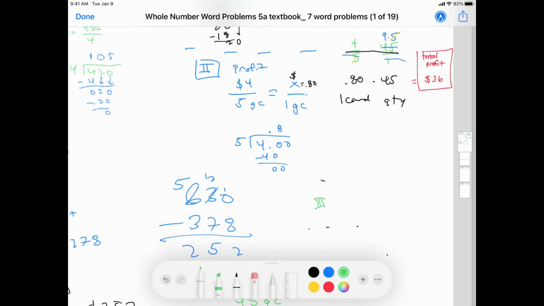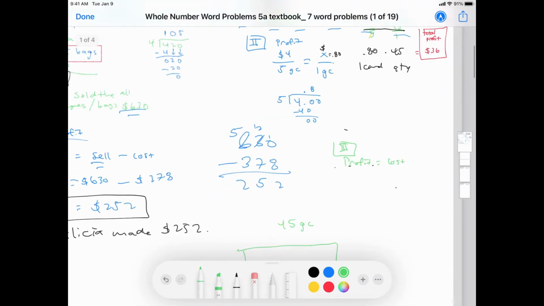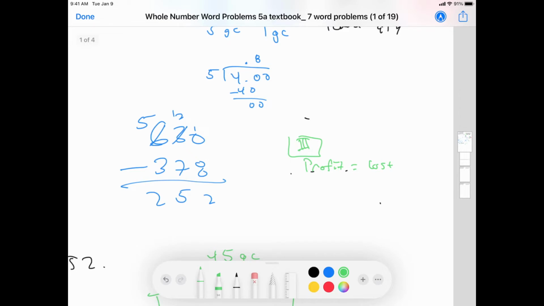So my third one is kind of like your profit. How much did we make, right? So that's going to be our cost. What did we use before? Sell minus cost. Sell minus the cost.